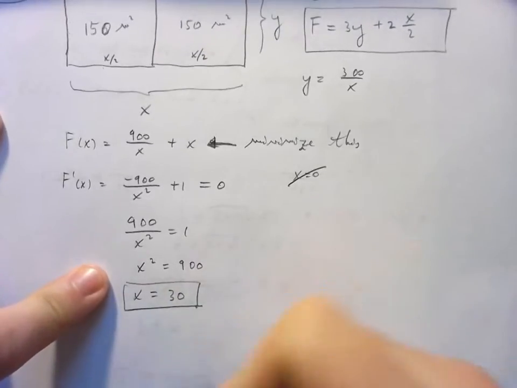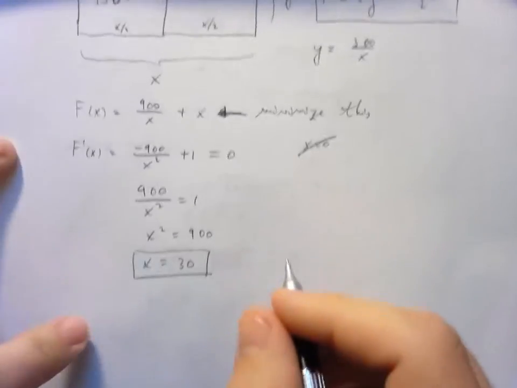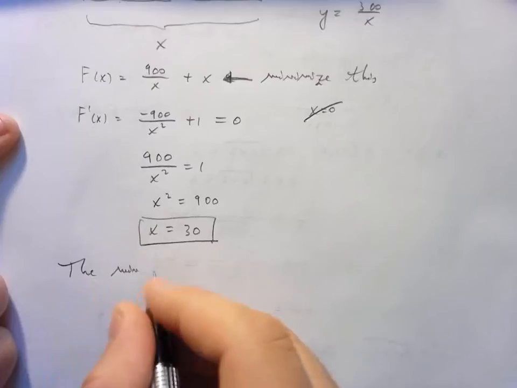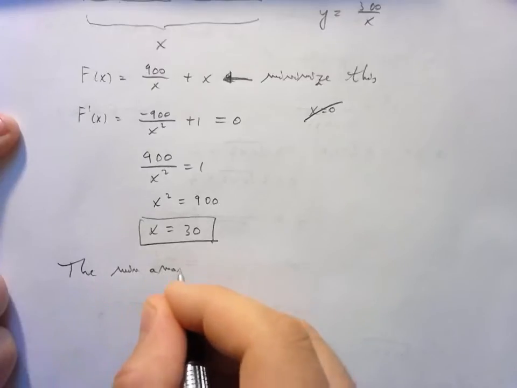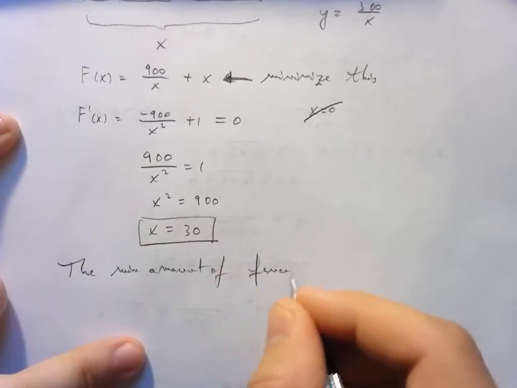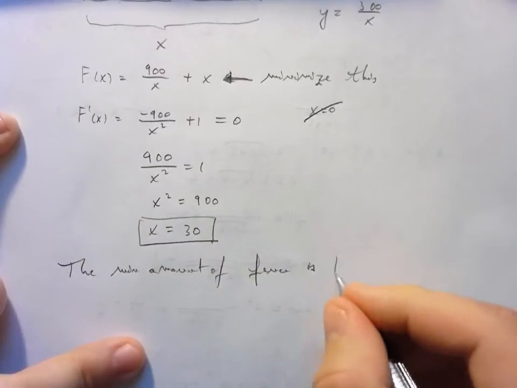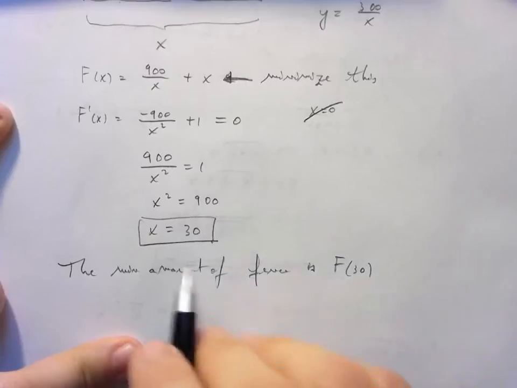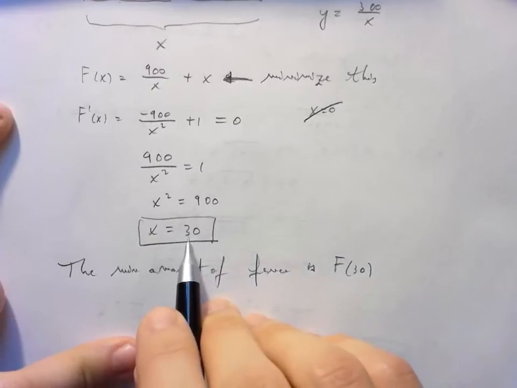Now if I plug this into the original, the minimum amount of fence is going to be f of 30. Why is that a minimum?